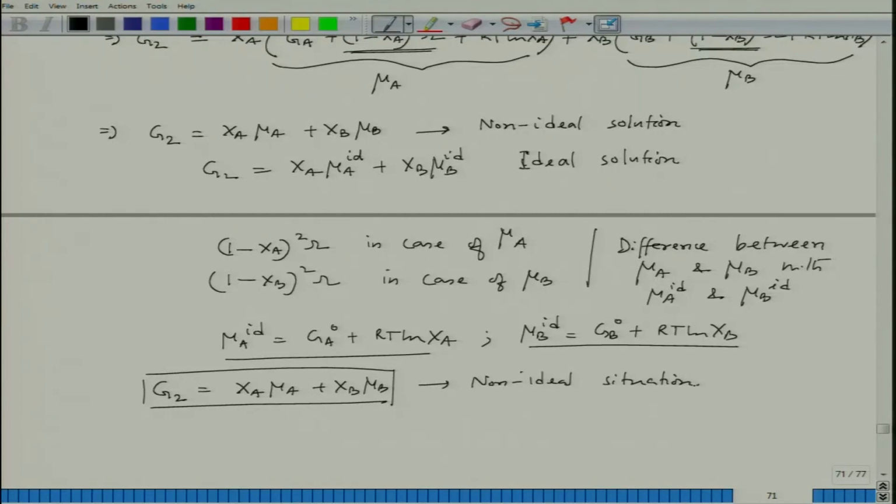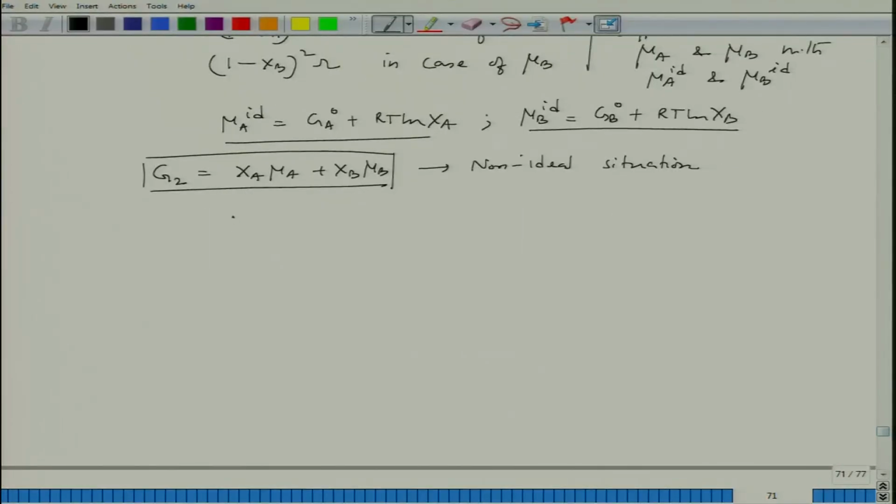At any concentration, if I try to find out the free energy of the mixture, we have to just put a tangent at that particular composition on that free energy line, the G2 line, and see their intersection point on two pure metal side.